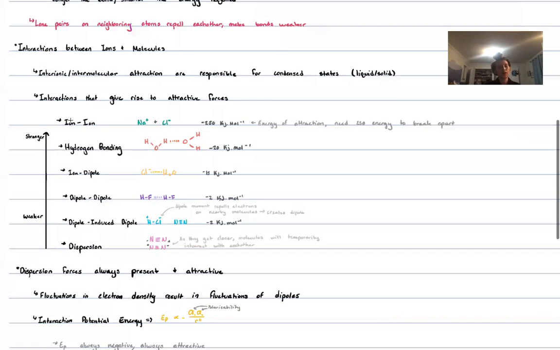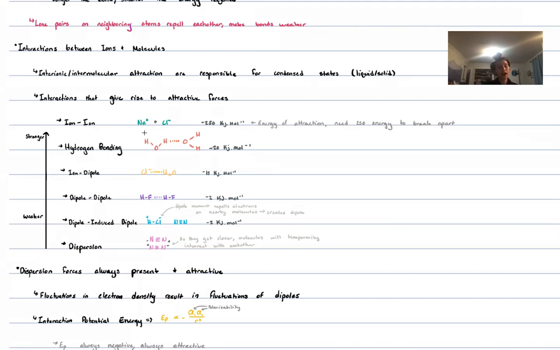So you have your total ionic bonds, which is a cation and an anion, and these have very, very, very high energy. So you need a lot of energy to break them apart. In this case, you can see it's 250 compared to the next strongest, which would be hydrogen bonding, which is only 20. So that's an over 200 difference in energy needed.